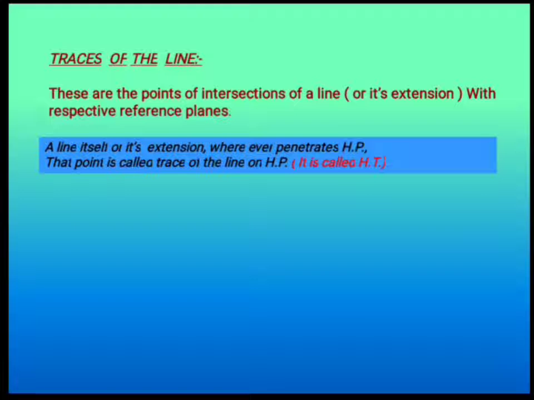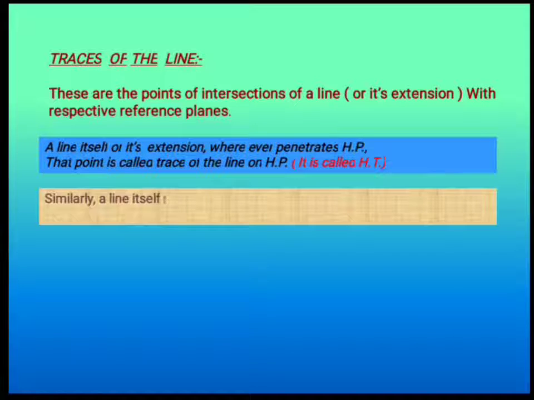If a line which is inclined to horizontal plane penetrates the horizontal plane at a point, that point is called trace of the line on horizontal plane. It is denoted by horizontal trace HT.